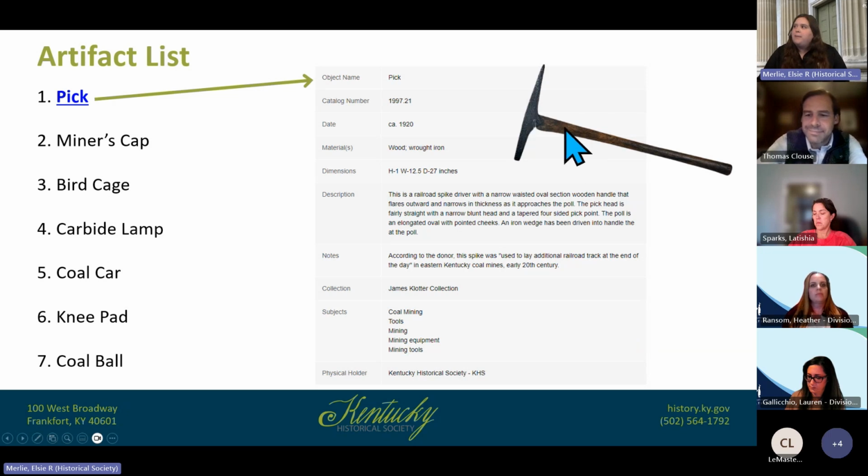So I have this pick here. It's from 1920, and some pretty cool notes, I think, is that this was used in Eastern Kentucky coal mines in the early 20th century. The person that donated this said that it was used to lay the railroad track that would carry the coal cars into the coal mines.